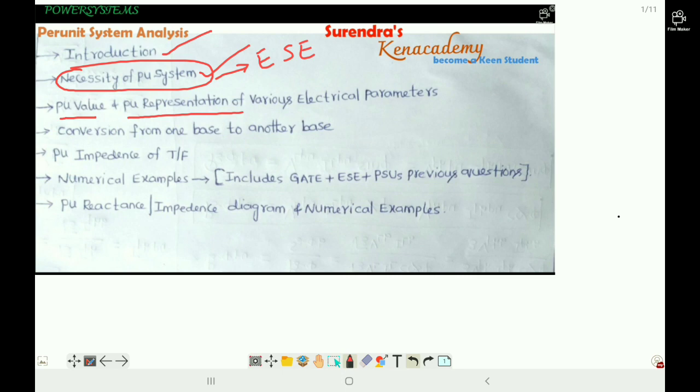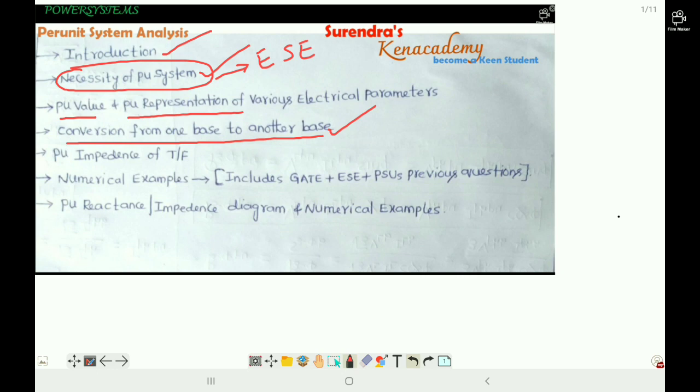One more important concept is how to convert per unit values from one base to another base. In this, I will give one important formula that is very important to solve the different models of questions.